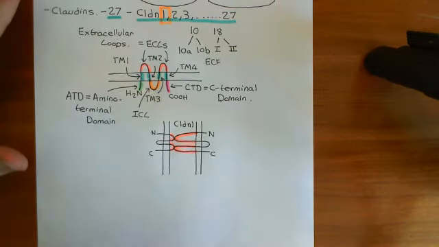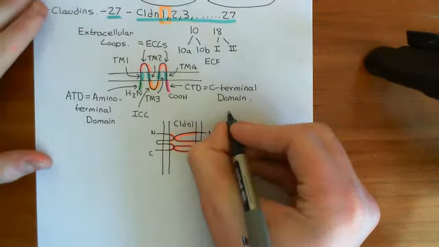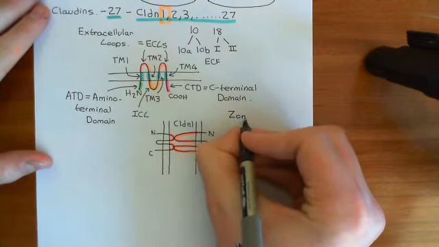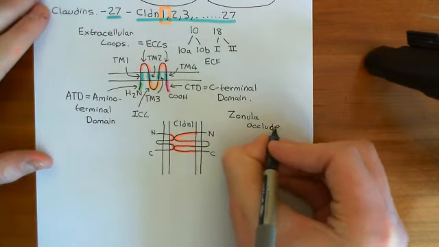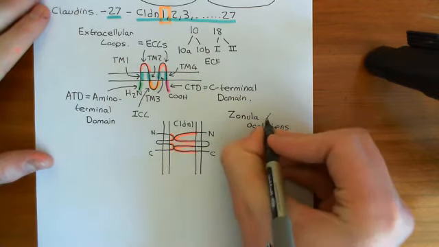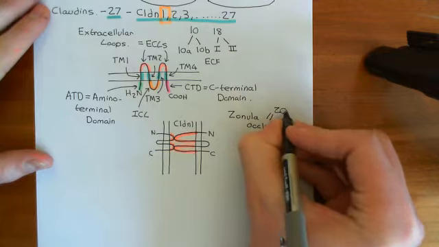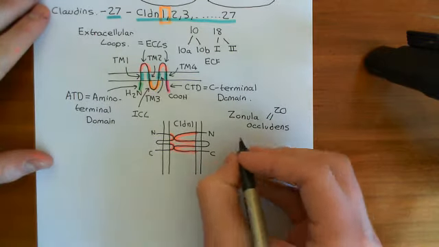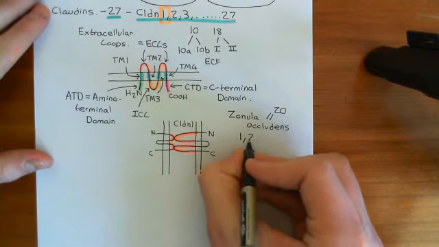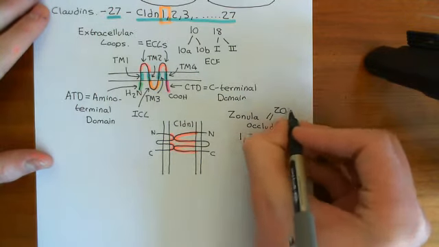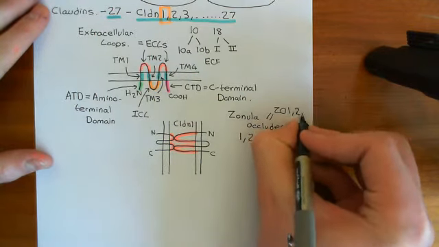How do they now attach to the cytoskeleton? Basically, they attach using proteins known as zonular occludins proteins, often abbreviated to ZO proteins. There are three different types: zonular occludins 1, zonular occludins 2, and zonular occludins 3.